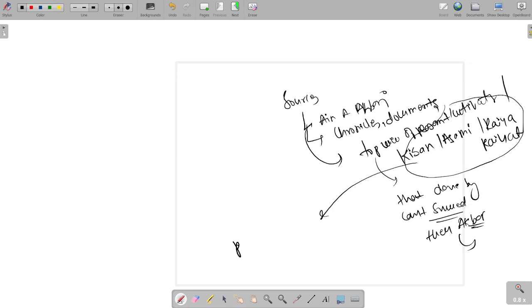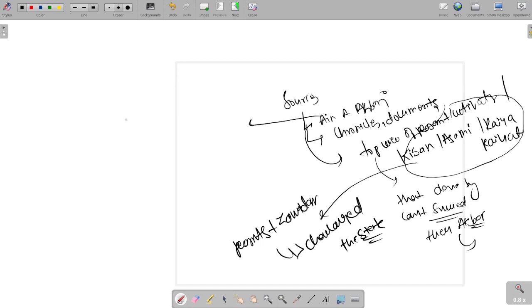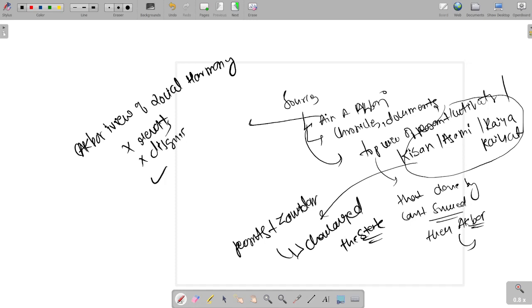The peasants and zamindars relation was such that at certain times they challenged the state. The central focus of the Ain-i-Akbari is to provide Akbar's view of social harmony, where no revolts happen, no people are disgruntled, and everyone is happy.